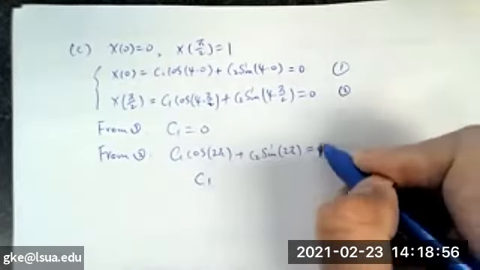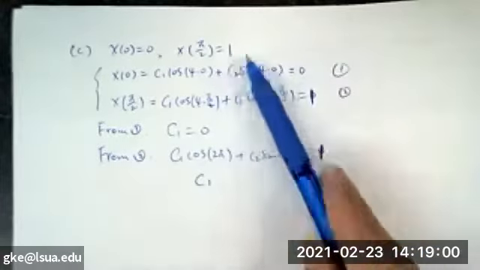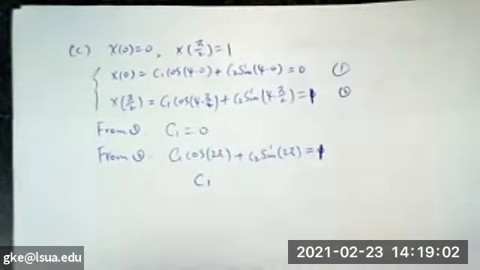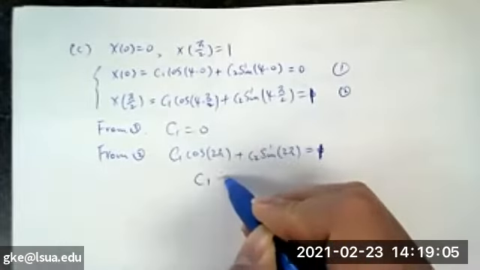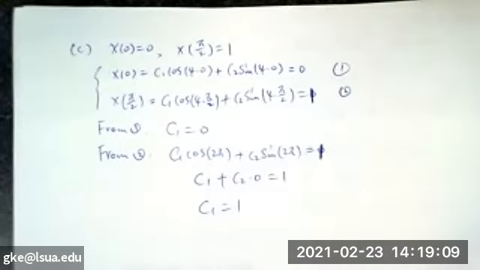Oh, here's 1. Sorry. Here, the condition gives us 1. Okay. And sine 2 pi is 0, right? And we got C1 equals 1.